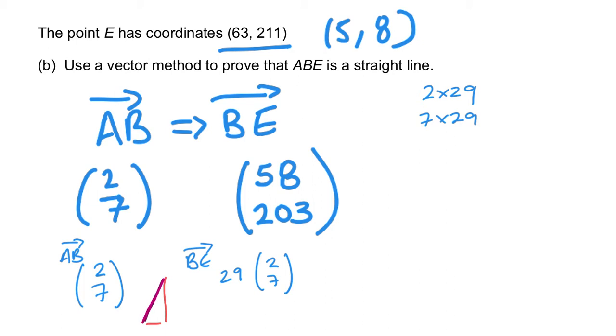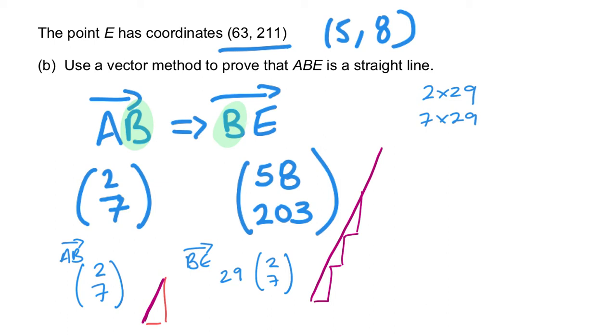BE, I've got across 2 and up 7, across 2, up 7, 29 times. My line is that 29 times. Is my gradient the same? Yes. So they're parallel. However, because they share a common point, B, it also means they are a straight line.